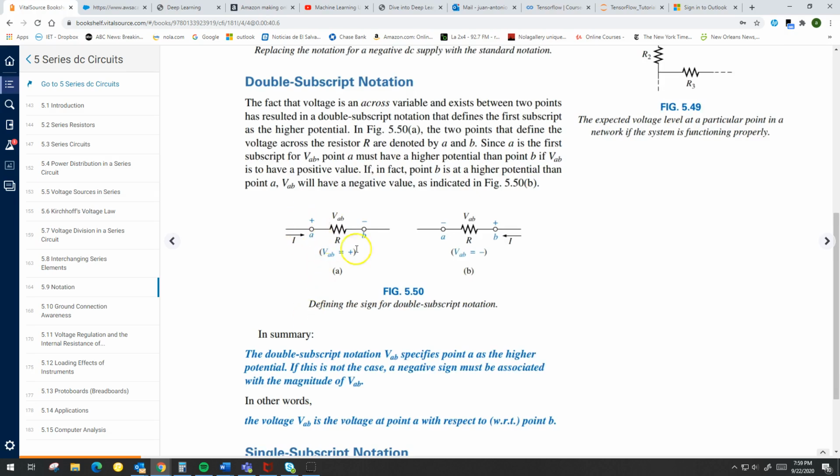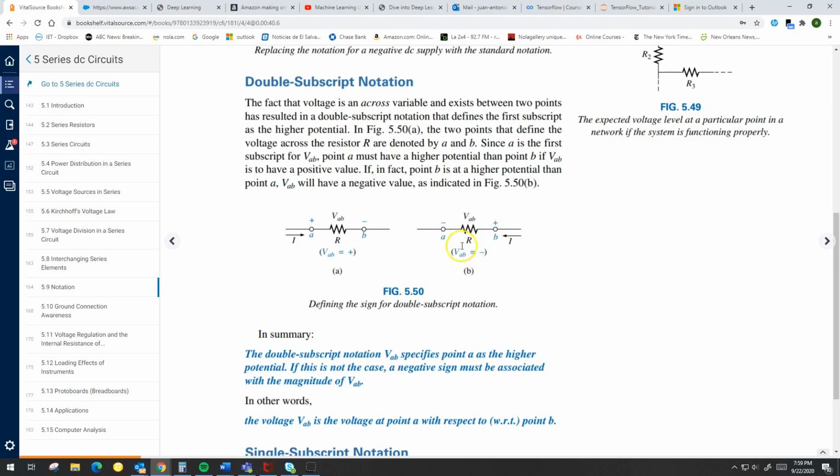For example, if you look at circuit A, you have a voltage AB across a resistance R. Based on our convention for current, we know that the current is going from A to B, towards the lower potential. So then we know that A is the more positive side of the potential, and B is the negative side, or the lower side in the potential. There's a voltage drop here, in other words.